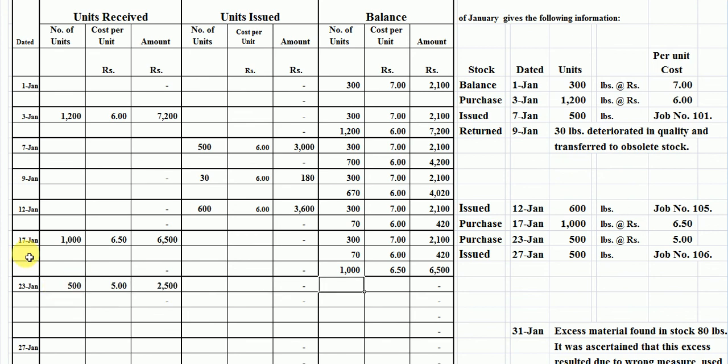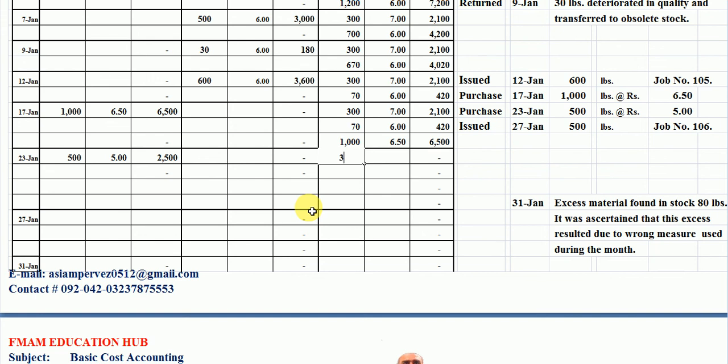Now we again record our inventory. 300 pounds at 7 per pound, 70 pounds at 6 per pound, 1000 pounds at 6.5. The current purchase is 500 pounds. The rate is 5 per pound here. Students, this is our current inventory card here.